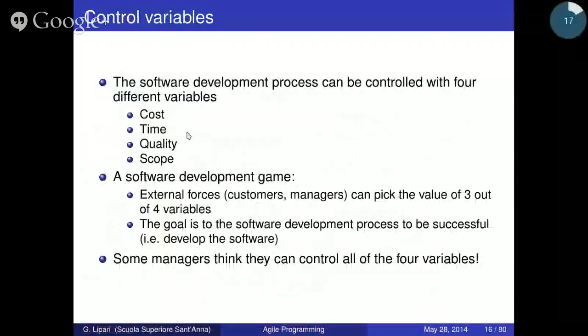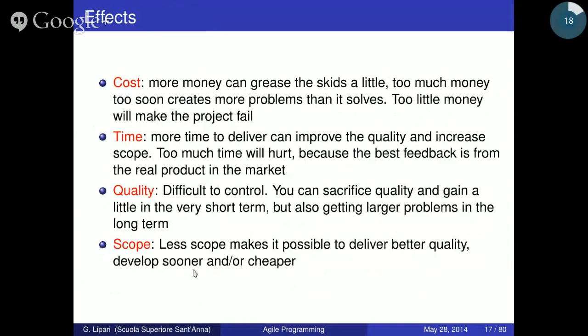The scope is one of the variables in software development. And scope means how many features you want to implement in your software. And we say that by doing less, you can deliver better quality, develop sooner, and or cheaper, because you don't need to address all the complexity.